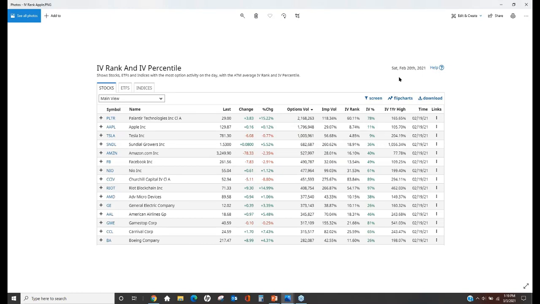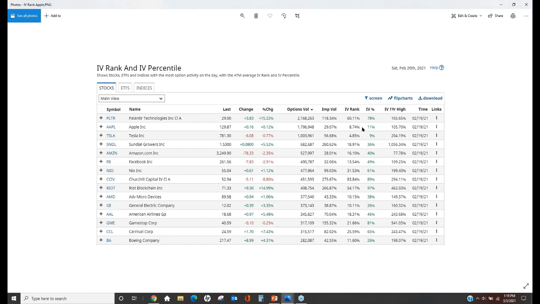Notice it does say Saturday, February 20th, but this is what the end of the day looked like for that Friday. And you can see Apple, again, is one of the ones at the top of the list, right? But look over here, we see that our Apple implied volatility ranking and percentage is low. It's in the lower percentile, below 10%, right around 10%.